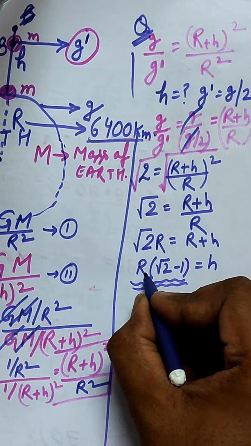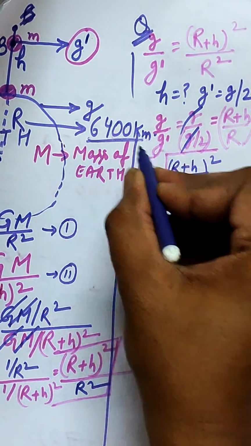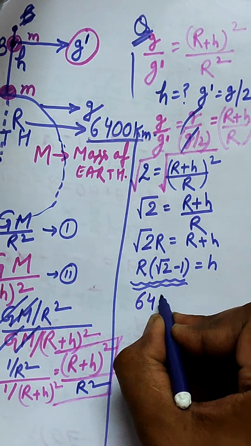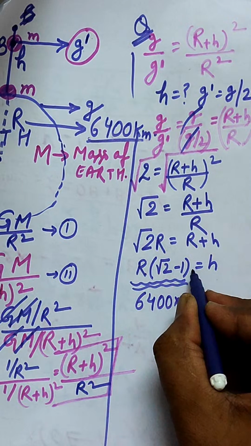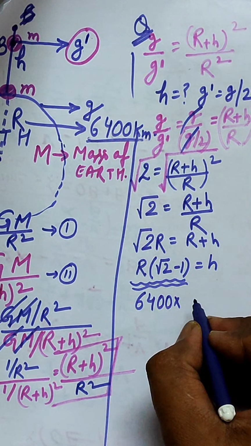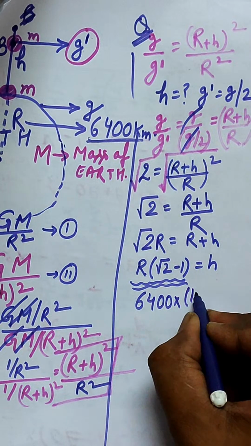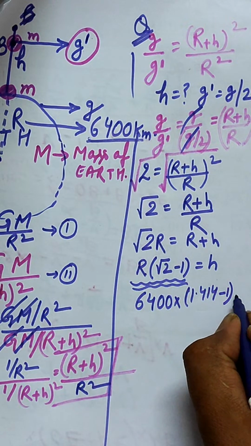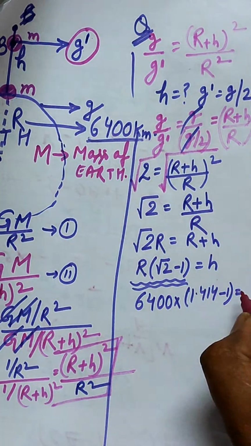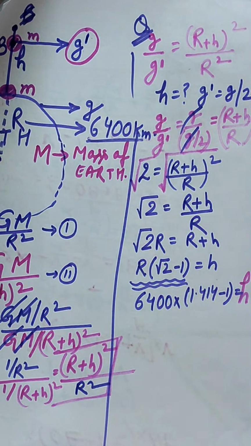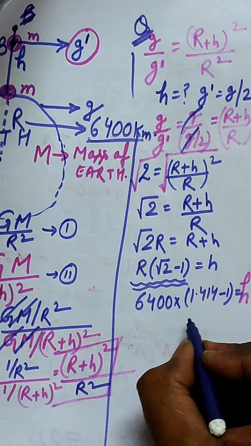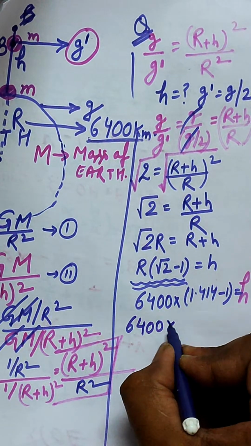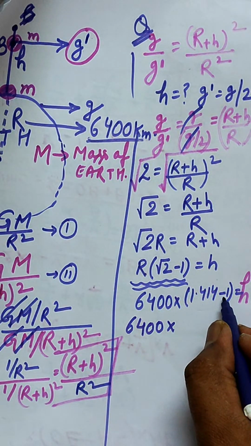Now just put in the value of R. R is 6400 kilometer, right? So when you put the value of 6400 kilometer into root 2 minus 1, right? Root 2 minus 1, that means 1.414 minus 1, right? And this is equal to the value of your height h, right? Now this will give you 6400 into 1.414 minus 1.